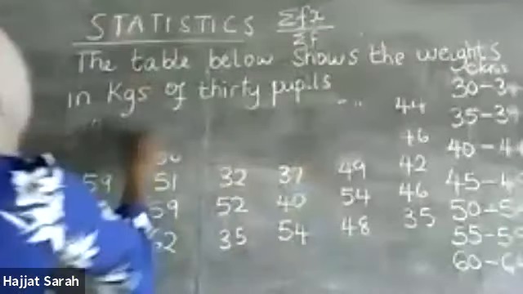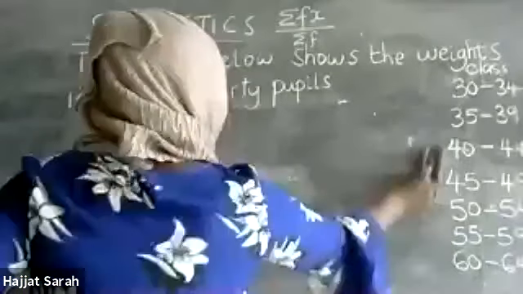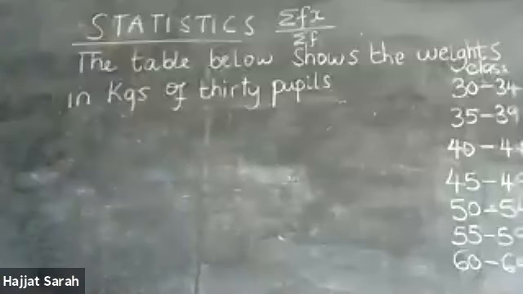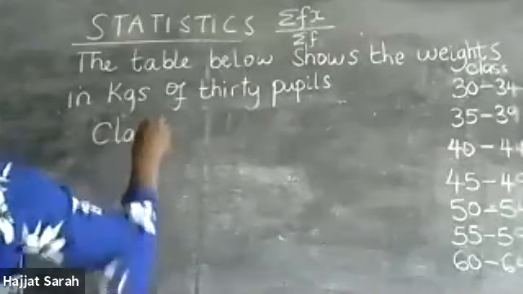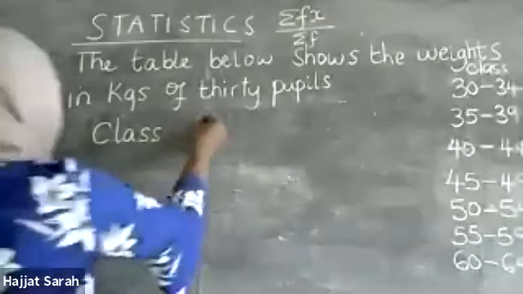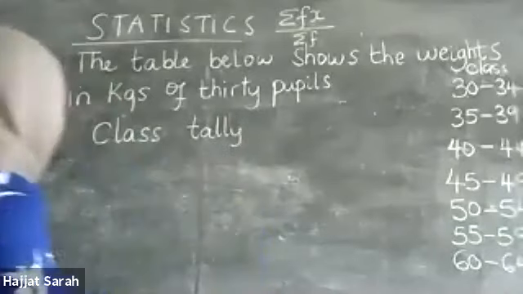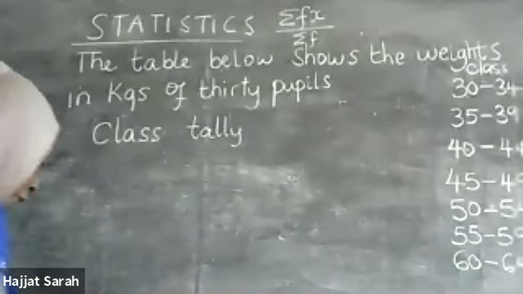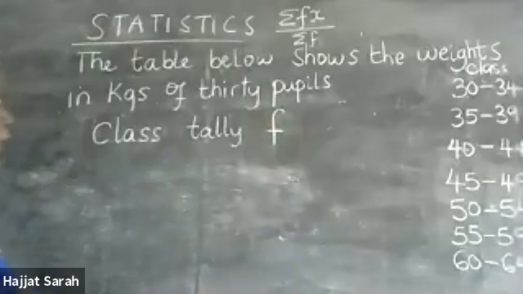So we want to see what our table will look like. In our table, we are going to have the class. From the class, we are going to have our tally. Then from the tally, we are going to have the frequency. I'm using F to represent frequency.